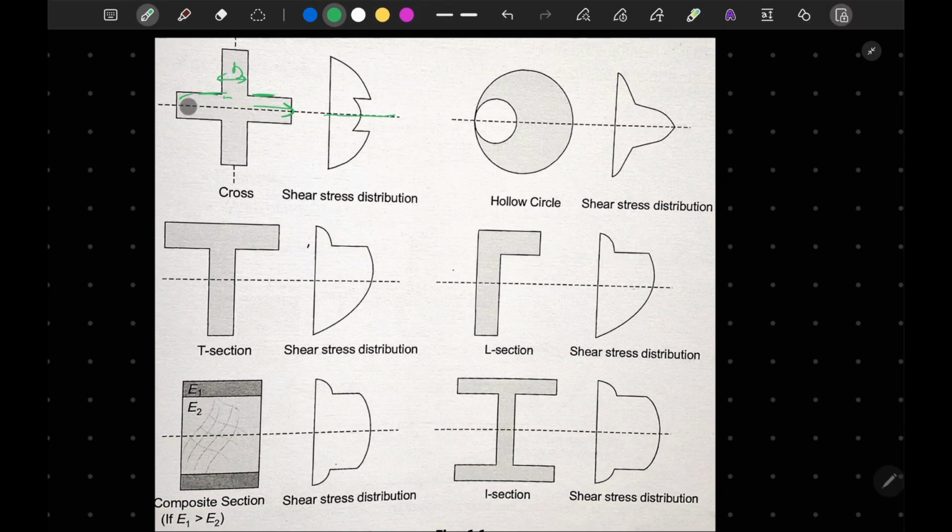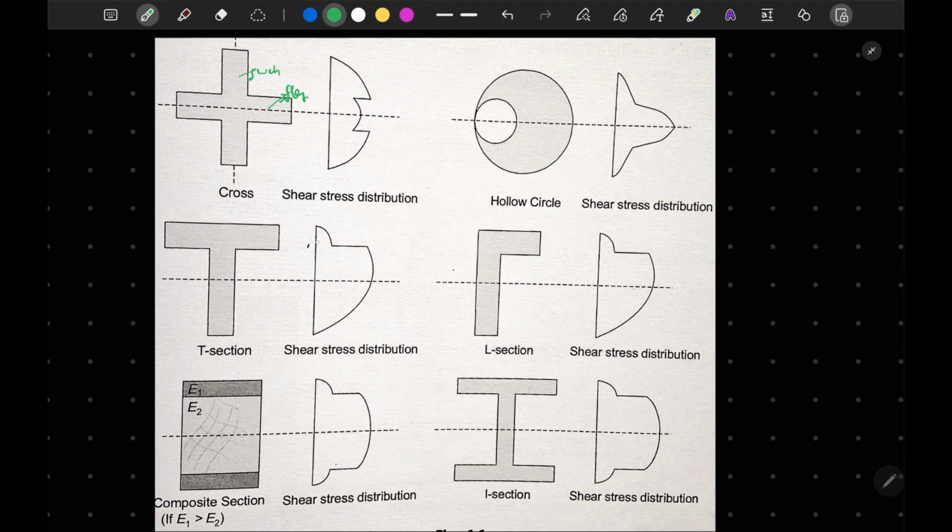Not opposite, actually similar, basically. Opposite in terms of geometry, but similar in terms of flange and web. So this is the flange and this is your web, and again similar things happen here.